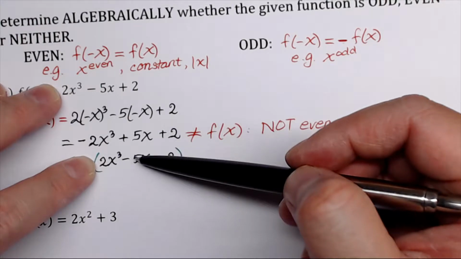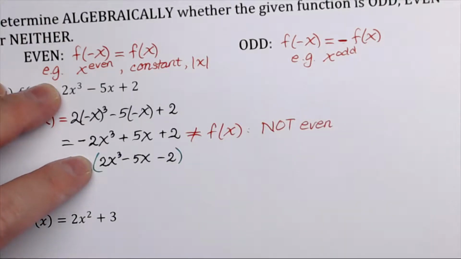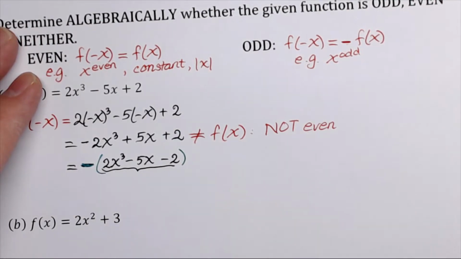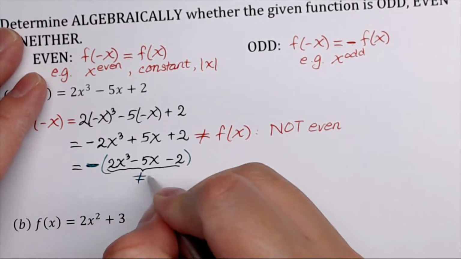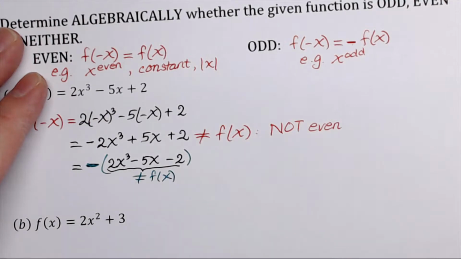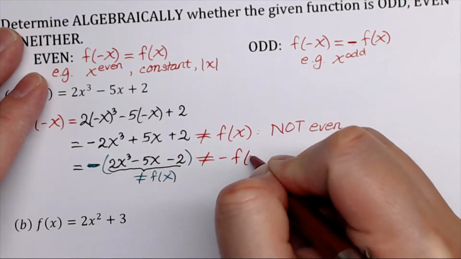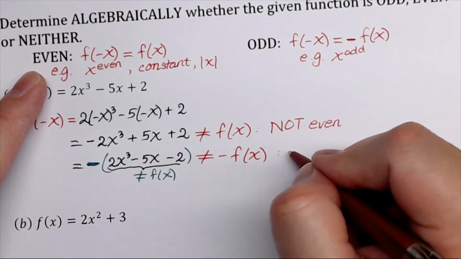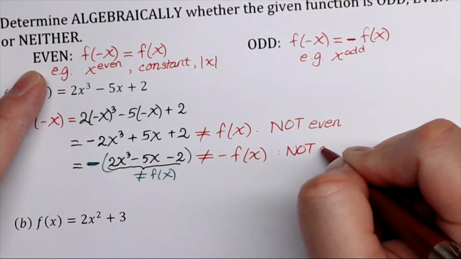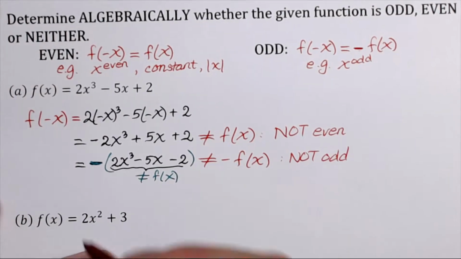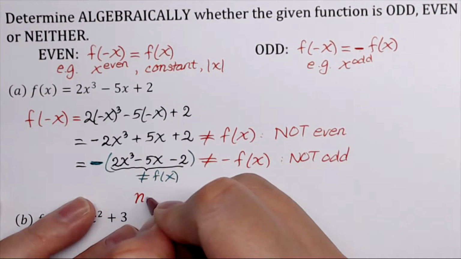Negative 5x, that's good. 2 and negative 2, that is not. So inside is not the original function, meaning that it is not negative f of x. And because of that, it is not odd, meaning this function is neither odd nor even.